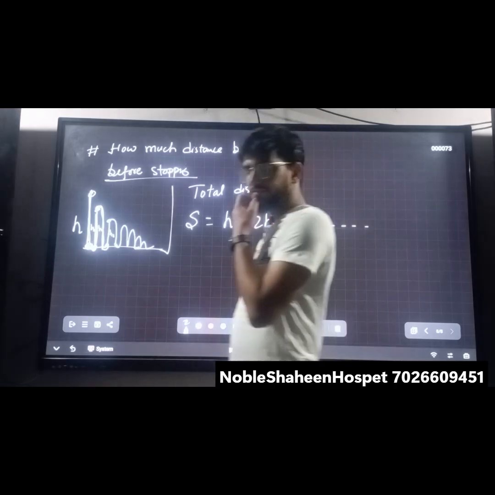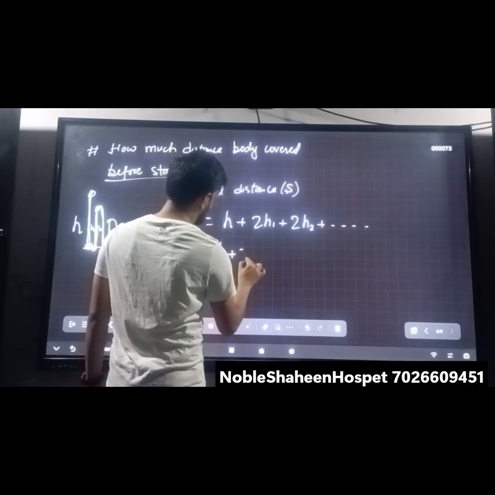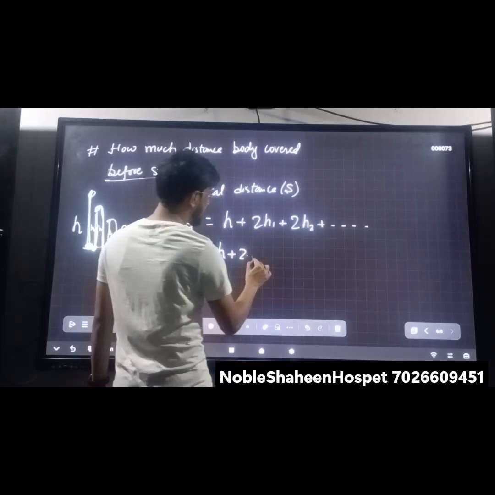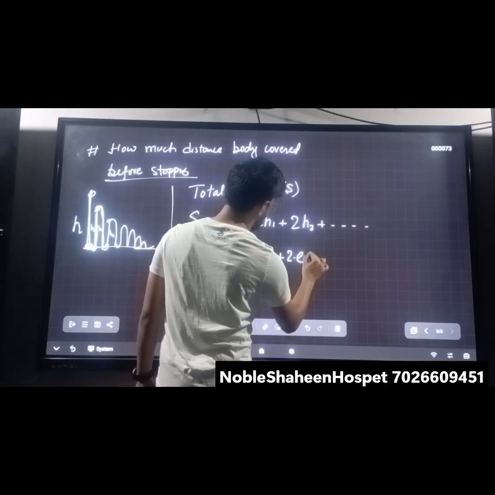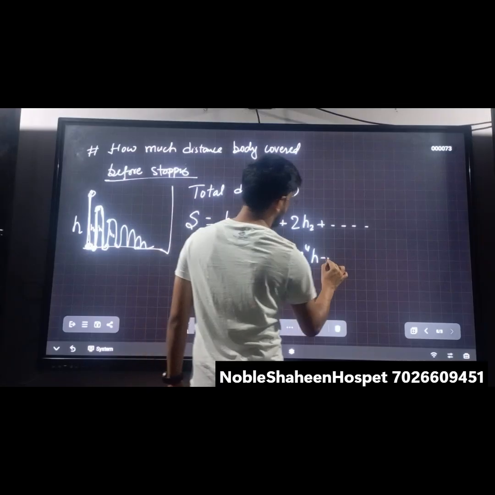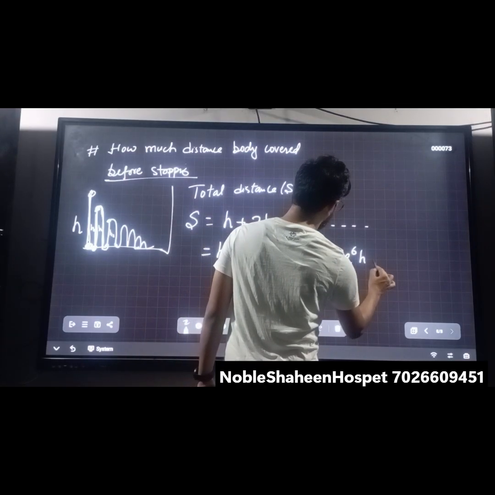Now we can easily say this will be h plus 2 into e square into h, plus for h2, 2 into e to the power 4 into h, plus for h3, 2 into e to the power 6 into h, and so on.